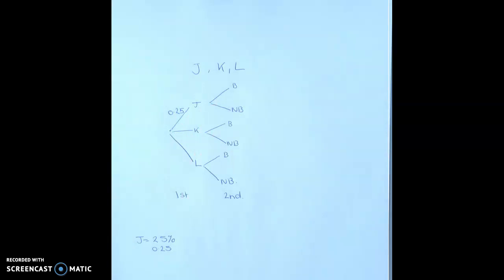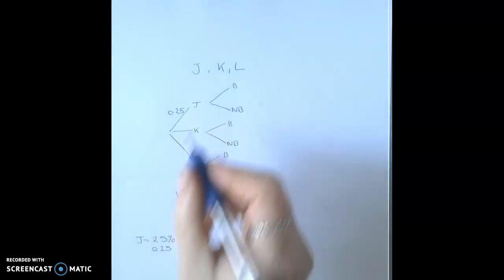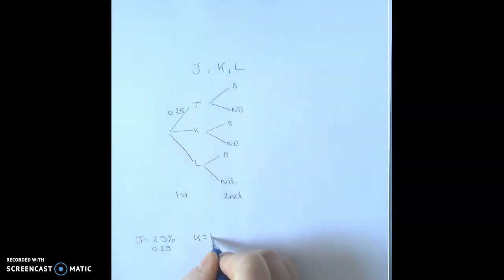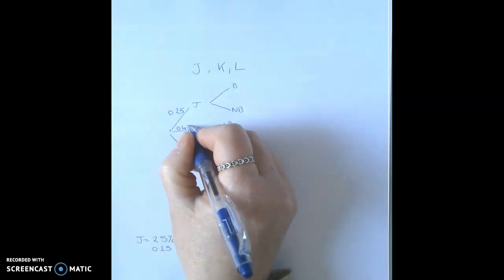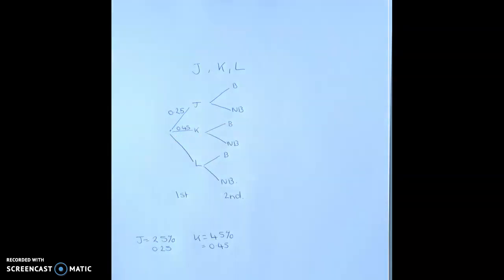We know that J makes 25% of the biscuits, and we know that K makes 45%. Again, if we make that into a decimal, it's 0.45. It doesn't tell us how many biscuits are made by L. It just says the rest of the biscuits are made by L.